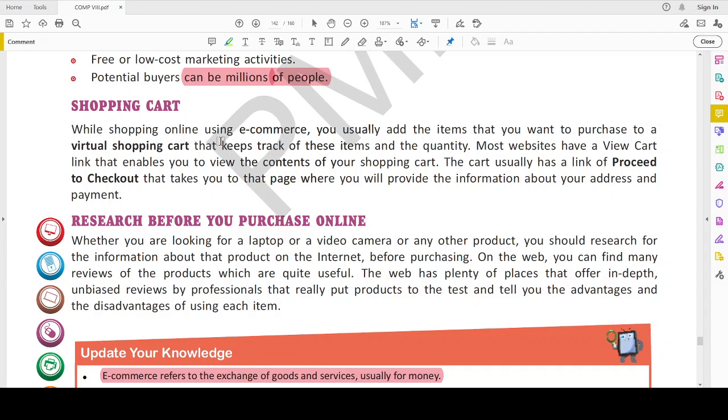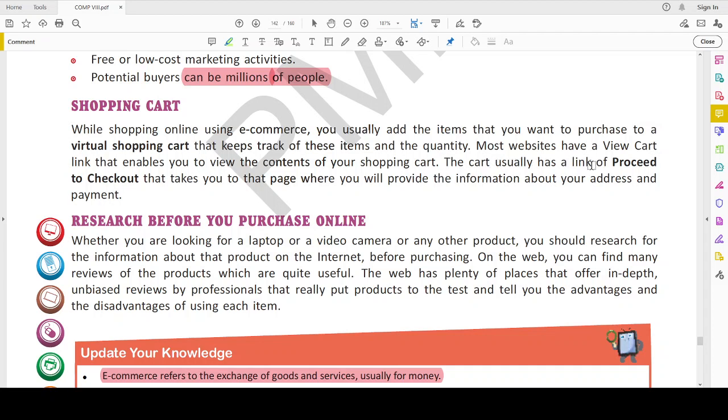So while shopping online using e-commerce, we usually add the items that we want to purchase to a virtual shopping cart that keeps track of these items and the quantity. Most websites have a view cart link that enables us to view the contents of our shopping cart.